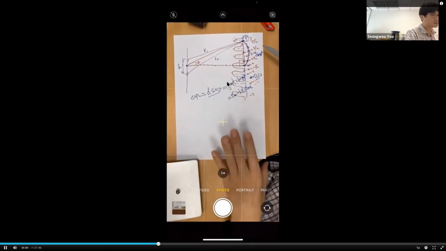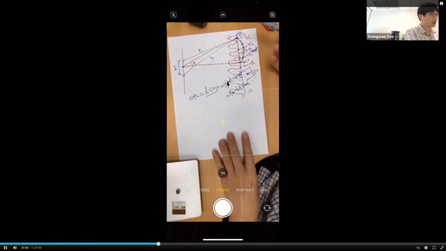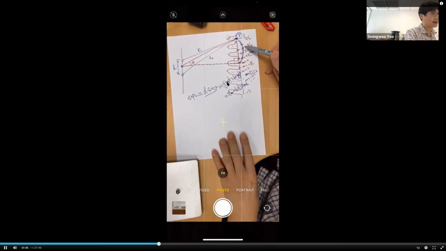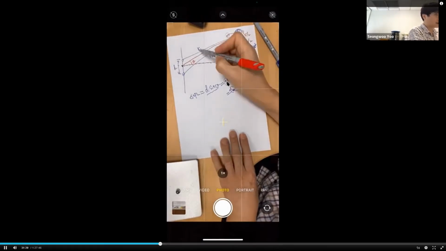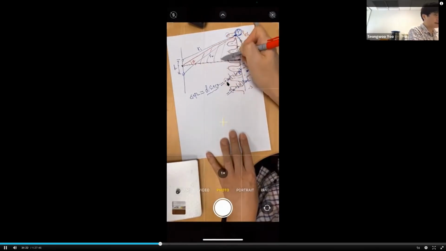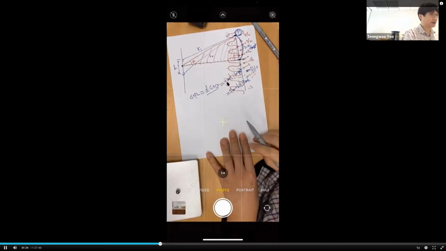So let me continue. What we want to do is find the height or the distance of this point P from the center line. In order to find the point P, or the distance of the bright fringe from the center, we will use this big triangle.